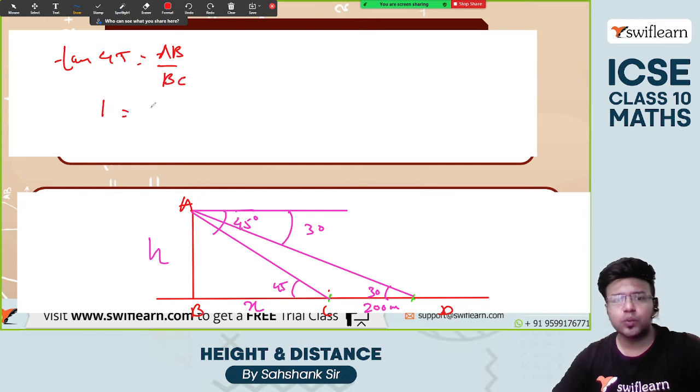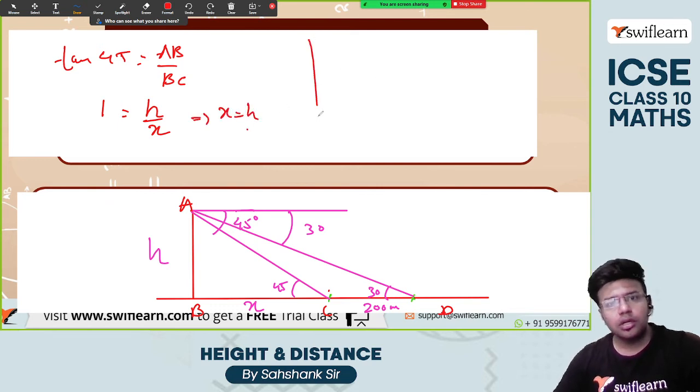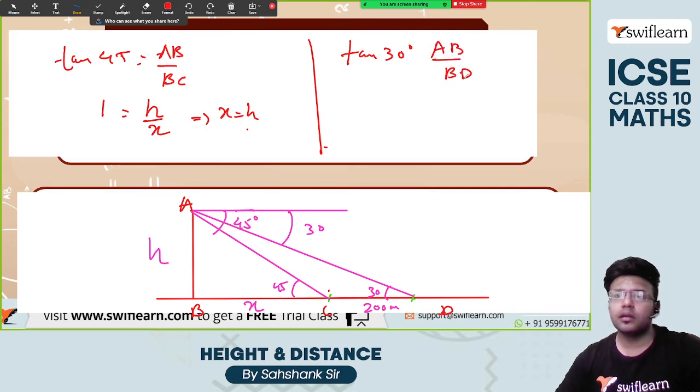Tan 45 is 1, AB is h, BC is x. This implies x is equal to h. This is equation 1.